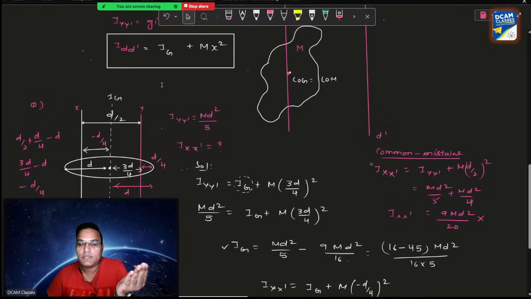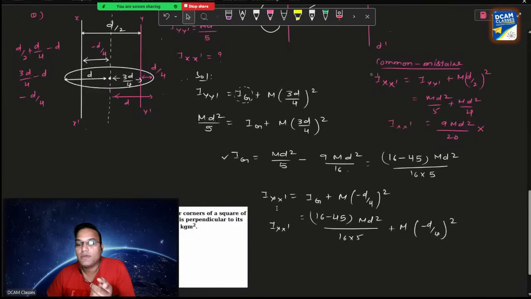Find using the parallel axis theorem the moment of inertia about an axis parallel to it. If it is not given, first find the moment of inertia about the center of gravity. After you have found it, like I have done, find the moment of inertia about the given axis using the parallel axis theorem again. This is the right method. This is the correct method. That is the common mistake.